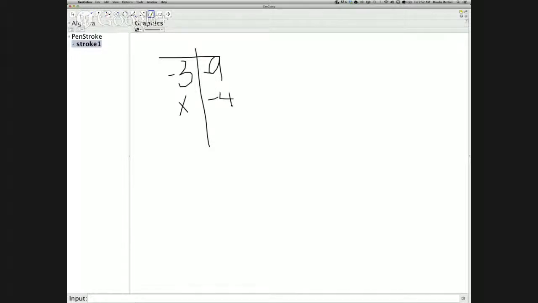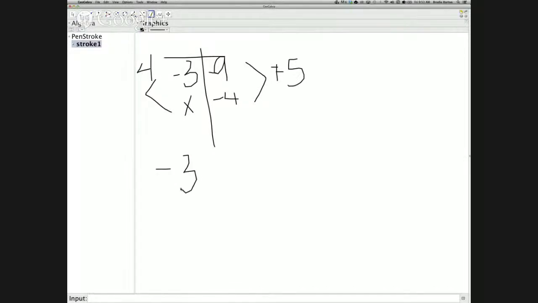Okay. All right. So I can see clearly what has happened here. We have gone down. No, we've gone up 5. Okay. And it tells me that I want to go over 4. So that means I need to add 4 to -3. -3 plus 4 is 1.